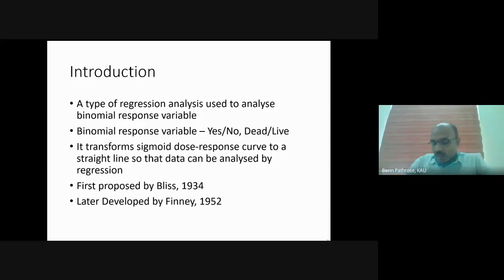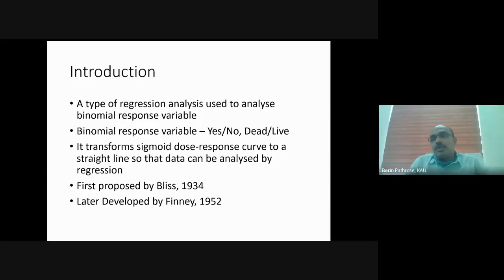And whatever data we get by bioassay, we normally get our data in a binomial form. That means if we have kept say 10 insects and carried out a bioassay with a particular dose, and we got 6 insects as dead, then the remaining 4 are live.